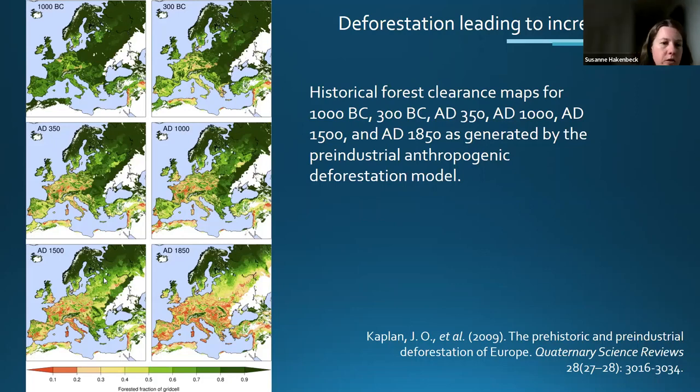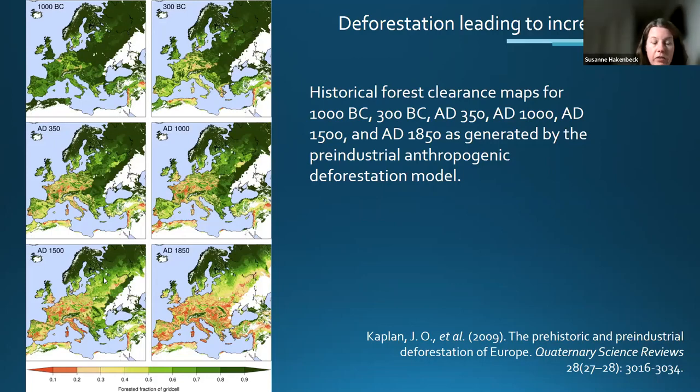You can see here on this map, if you particularly focus on Central and Western Europe, you can see really nicely the deforestation from 1000 BC to pretty much modern periods. Take a particular look at the map on the middle left, AD 350, because here you can see, in great contrast to 300 BC, just how much deforestation has already happened.